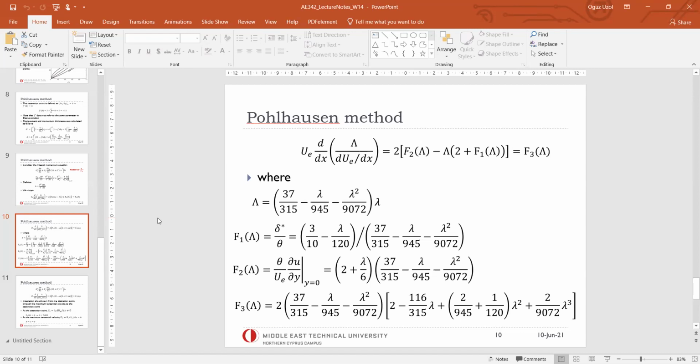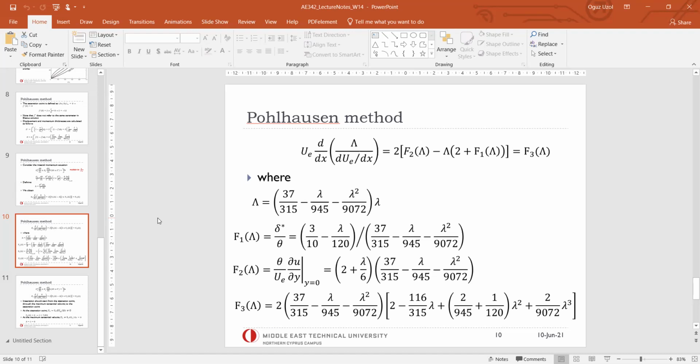And we have seen that, first of all, we can indeed get a solution based on the integral momentum equation. What do we get as a solution? We get expressions for the development of delta star and theta, for example, and CF. However, they looked different when we compared them to the Blasius solution.